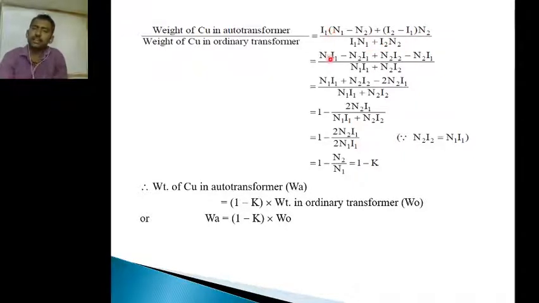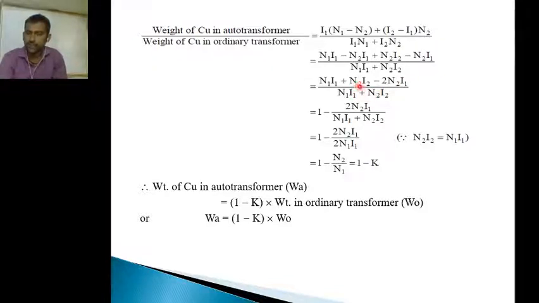Expanding, N1 I1 minus N2 I1 plus N2 I2 minus N2 I1, divided by N1 I1 plus N2 I2. This gives N1 I1 plus N2 I2 minus 2 N2 I1, divided by N1 I1 plus N2 I2.